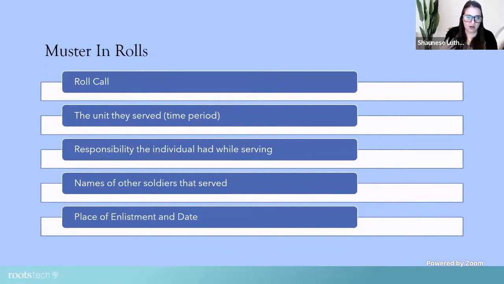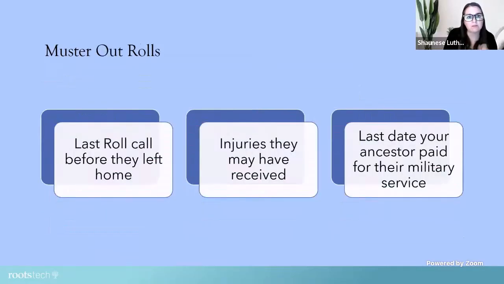And then you have their place of enlistment and date. After muster in rolls, we have the muster out rolls. This is their last roll call before they head home. This is where injuries will be listed if they had received any. And this is the last day paid for the military service.